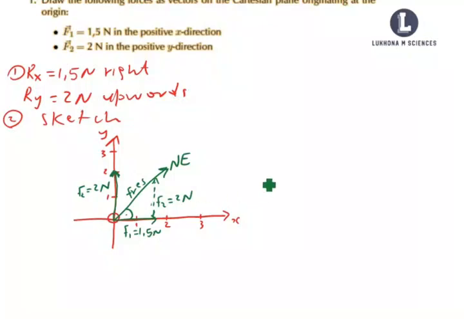Step number 3, use Pythagoras theorem. So r squared is equal to x squared plus y squared.